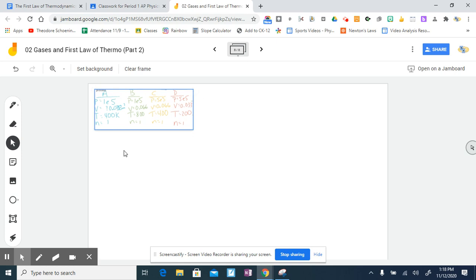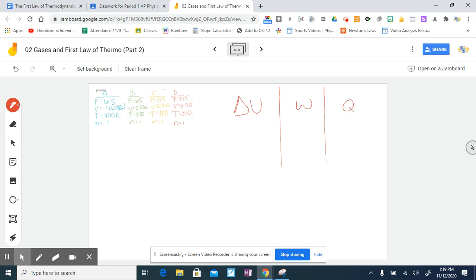So what we basically want to do is look at our delta U, our W, and our Q. And what we're going to do here is look at each individual state. So from A to B, how are we going to do that? Well, the delta U, we said, is 3/2 nR delta T is how we would calculate that.